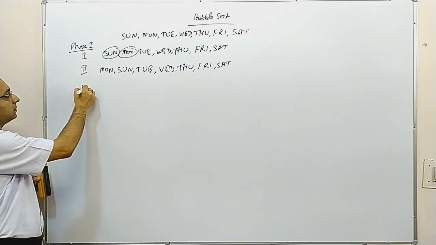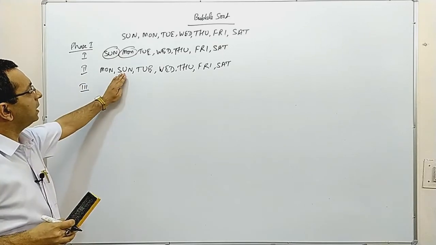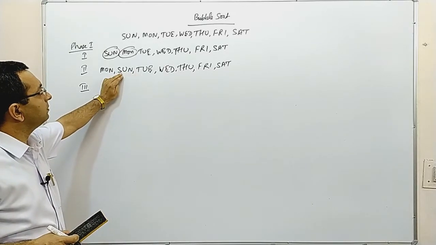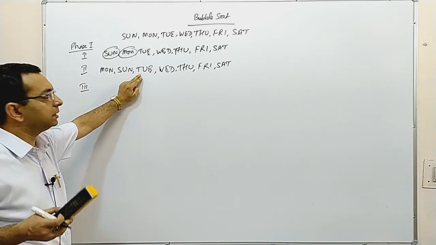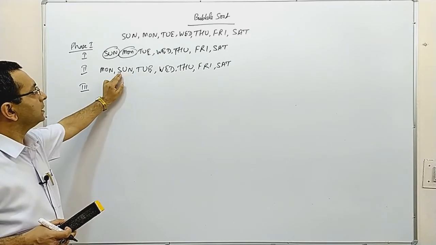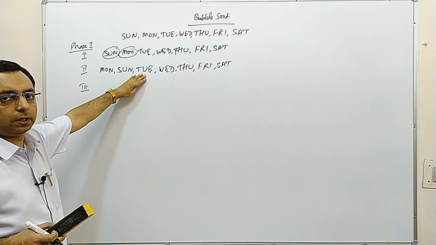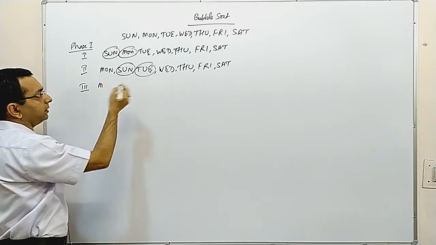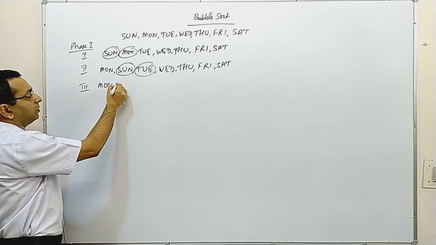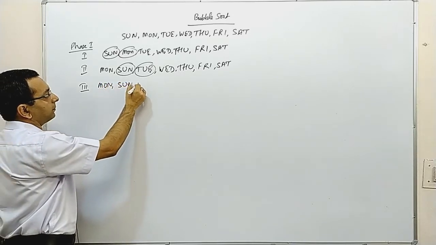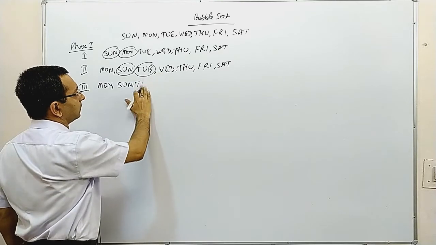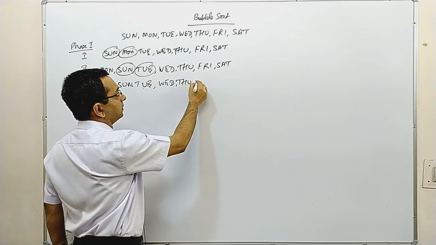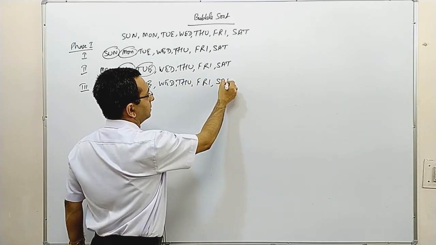Now in the next third step, Sunday will be compared with Tuesday. Here S will be compared with T, and because T comes later after S, it is already sorted. Then Monday will be compared with Tuesday, so it will not be changed. So Sunday, Tuesday, Wednesday, Thursday, and then Friday, Saturday.